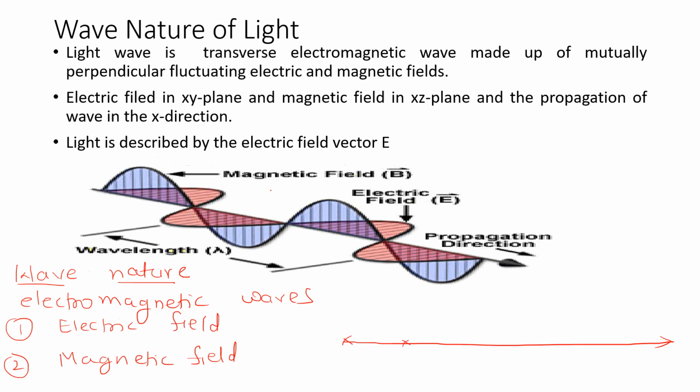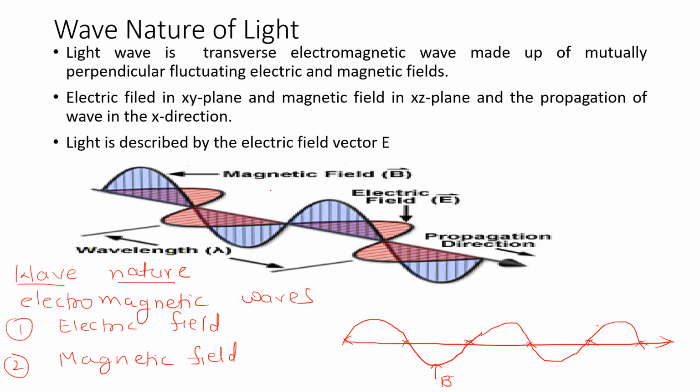How is the vibration taking place? I will draw firstly the magnetic field as shown in the figure. This is the magnetic field which is varying periodically. See, this is the magnetic field which is vibrating periodically.